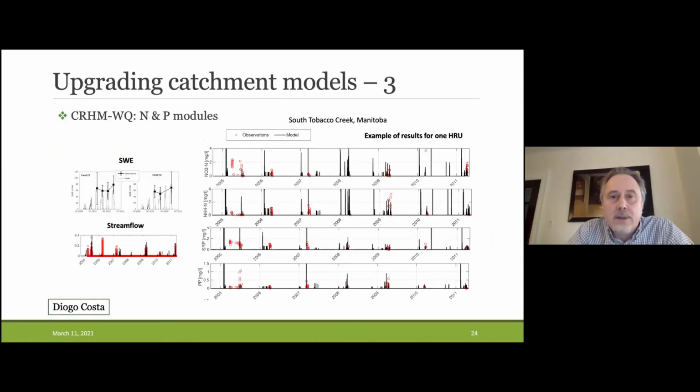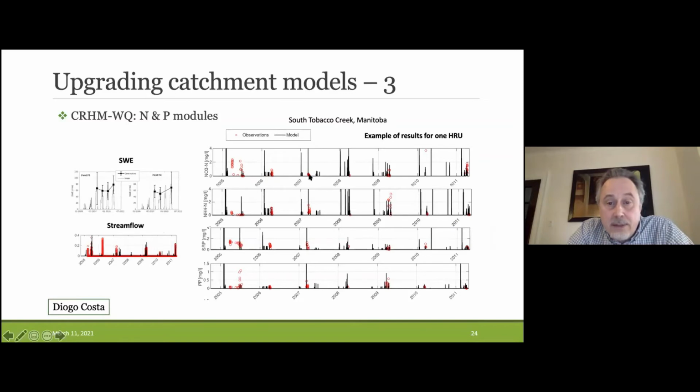Here are some other results from the South Tobacco Creek using the Cold Regions Hydrological Model WQ for water quality, which now includes the nitrogen and phosphorus modules. You see here time series for nitrate, ammonia, soluble reactive phosphorus, and particulate phosphorus. You can see that it's a very flashy system, obviously.